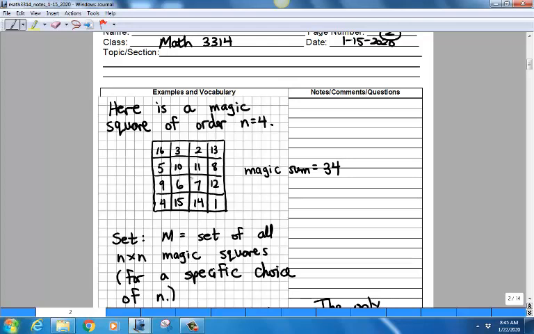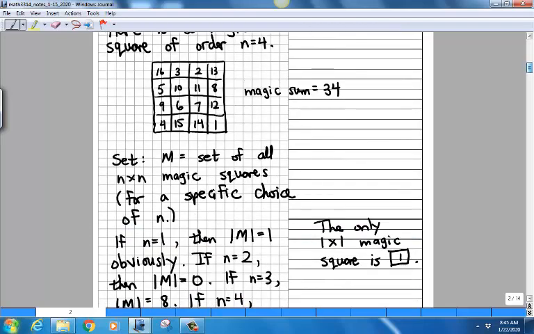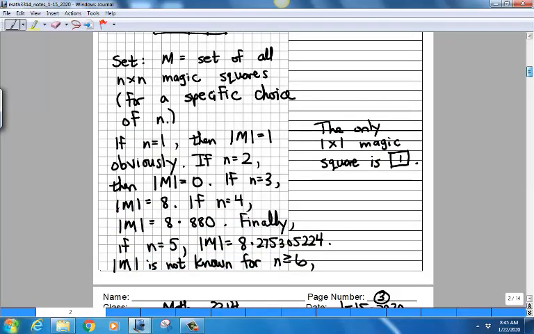Now it turns out M is usually quite large, except in one case, which we'll talk about here. If n is equal to 1, that means you have a 1 by 1 grid, and so there's only one way to create a square of that order.